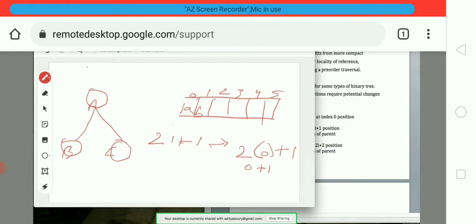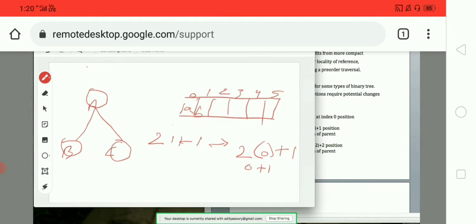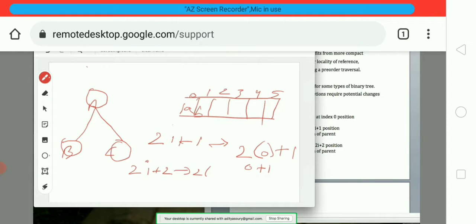Now we have to place the right child, that means C. So the rule for right child is placed at 2i plus 2 position, and here i is the position of parent. So 2i plus 2, that means 2 into parent.